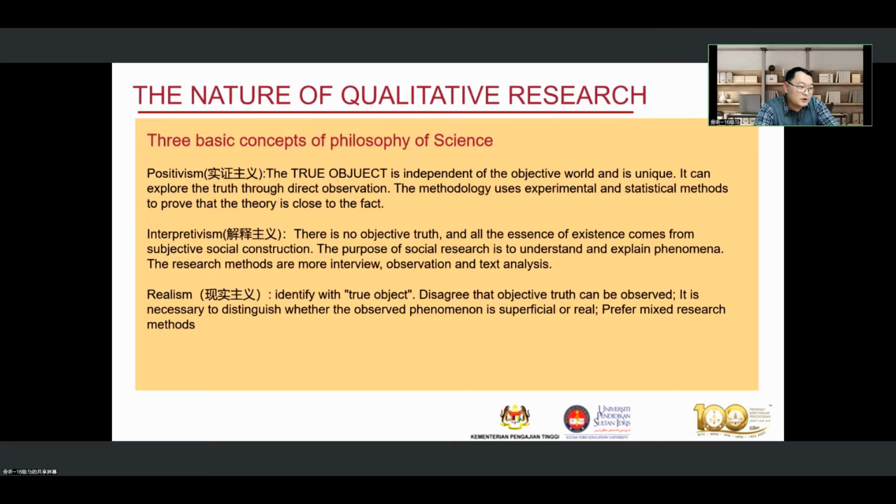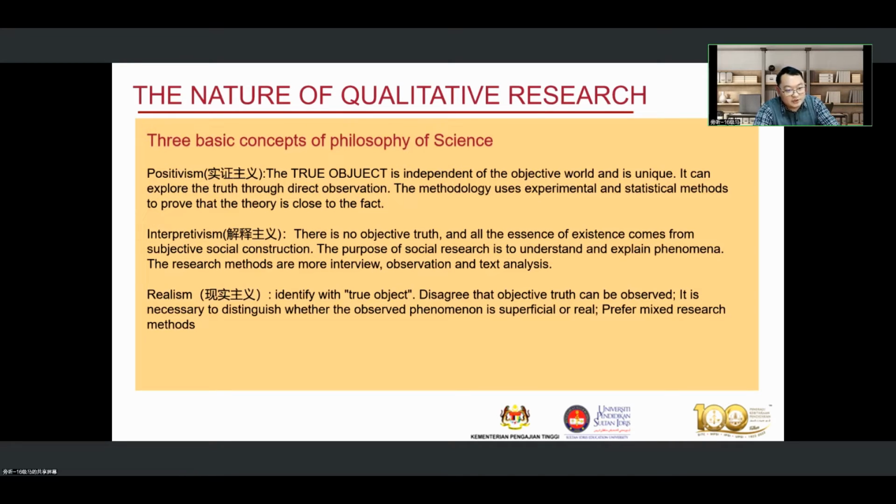The first is positivism. They think the true object is independent of the objective world and is unique. It can explore the truth through direct observation.